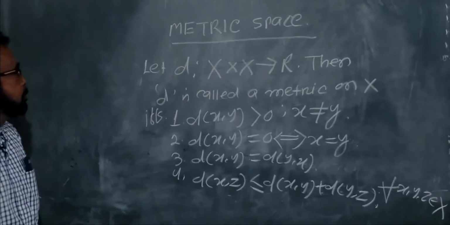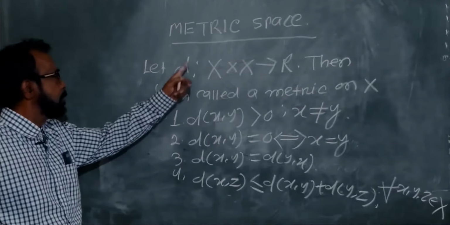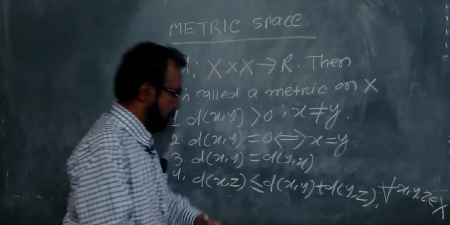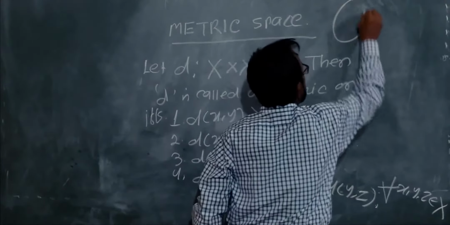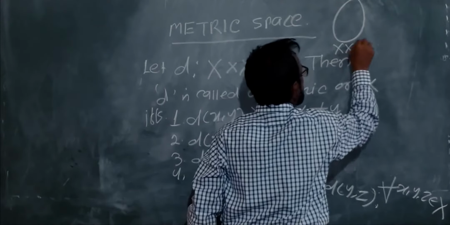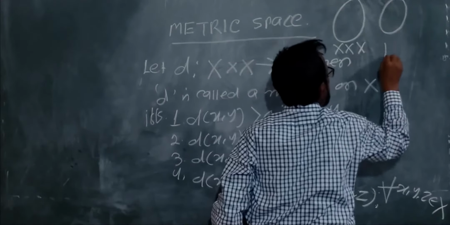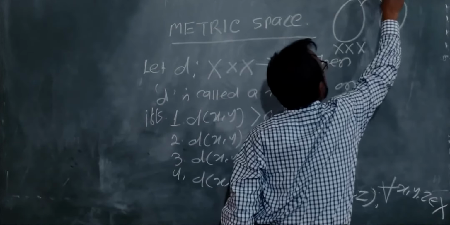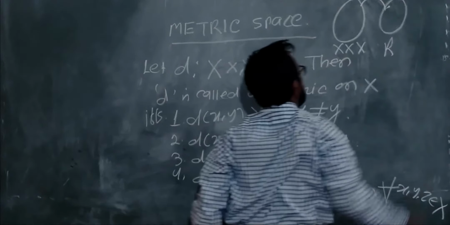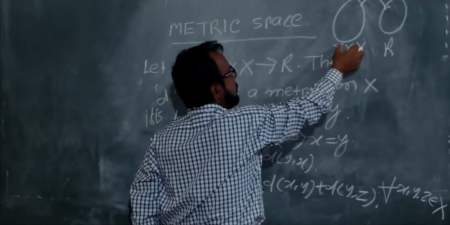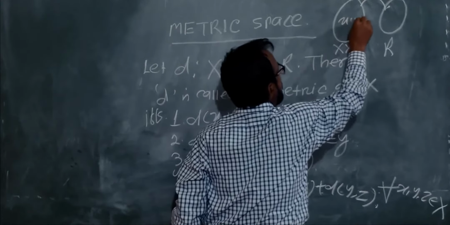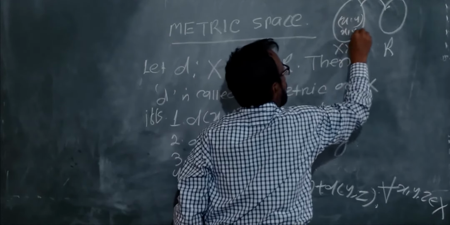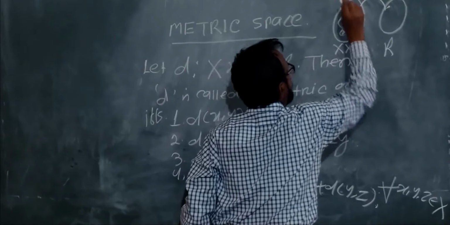Try to understand. Let D be a function from X cross X to R. In geometrical figures, suppose this set is X cross X and this is R. D is a function from X cross X to R. Each element of X cross X is a pair (x,y), like (x1,y1), (x2,y2).